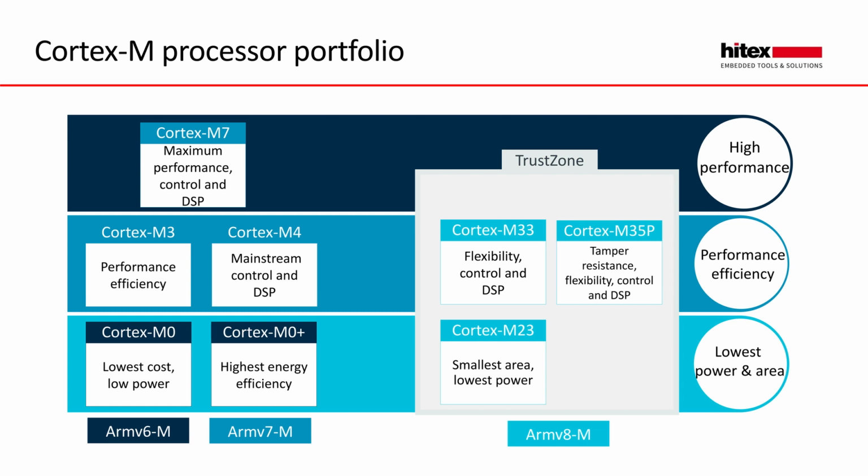There, we need to run all of our startup code that will configure the security attribution unit, set up any peripherals that we want, and then we will jump over into the non-secure code. The non-secure area is where the bulk of our project is executing, so this can be developed kind of as normal.